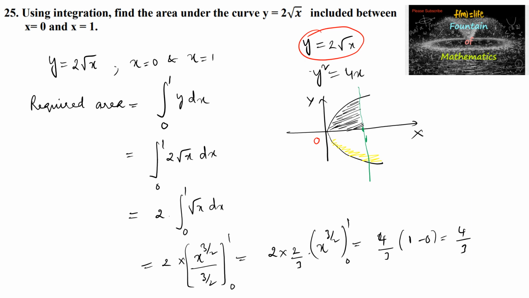So we can say the area under the curve included between x is equal to 0 and 1 is 4 by 3 square units.